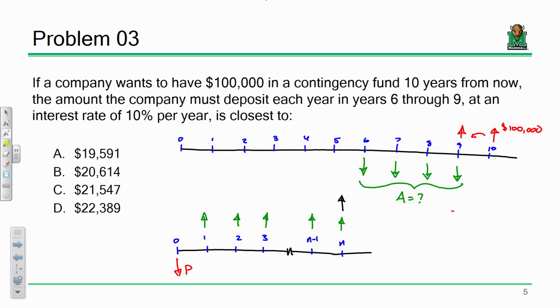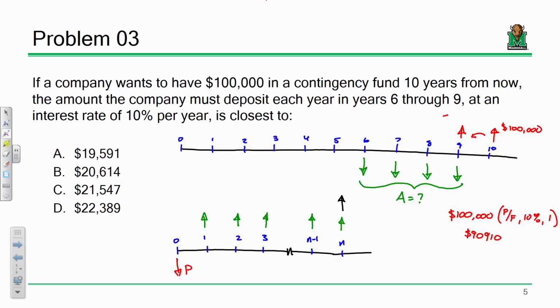So in order to do that, I'm going to take 100,000 and multiply it by P over F for 10% for 1 year. And what do we get? Should be 90,910. Is everybody okay with that? If you are confused as to what that means, let me explain.